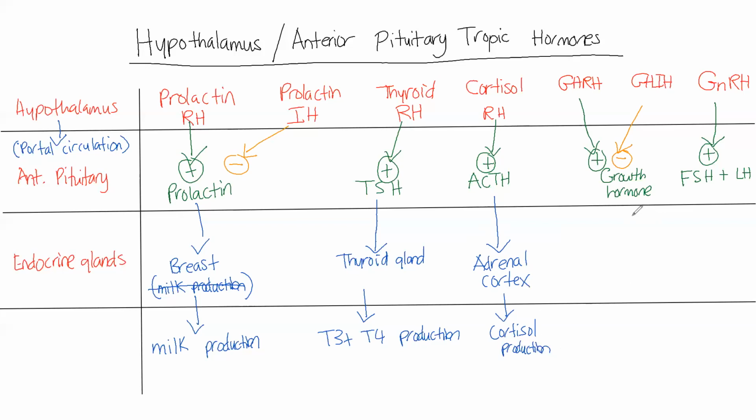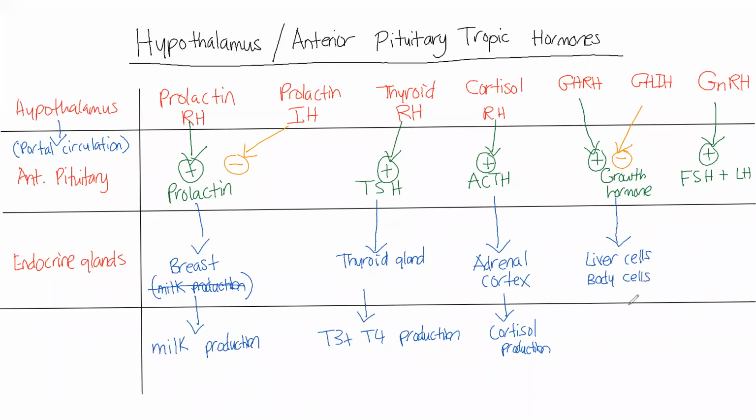Okay, then we've got growth hormone, which can either be stimulated or inhibited from those trophic hormones. And then growth hormone in and of itself is going to increase liver and body cell growth, right? So it's going to act on liver cells as well as our other body cells. I'm sorry, body cells, not blood. So other cells of the body.